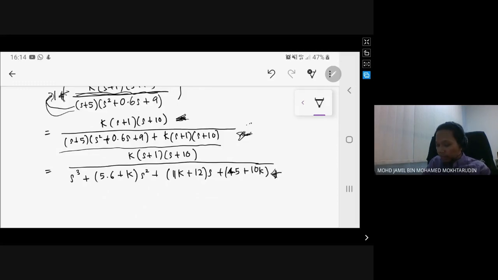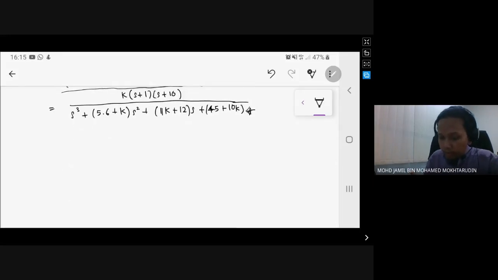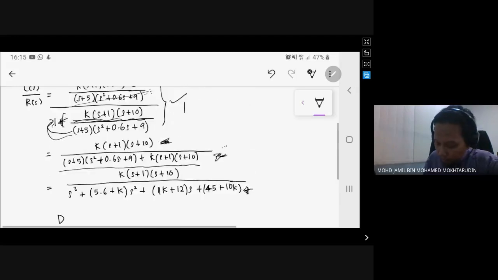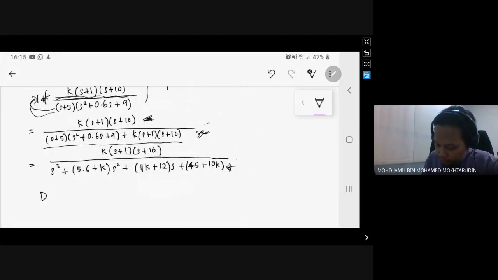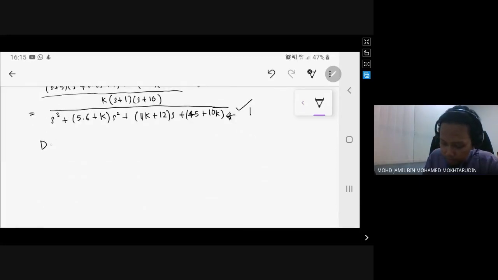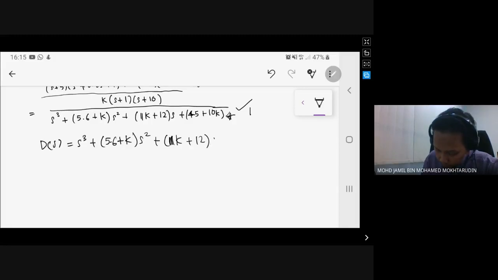After you get the denominator, you can use this for the Routh-Hurwitz. If you get the right denominator, you get 1 mark. Then you can use the denominator for the Routh-Hurwitz criteria.